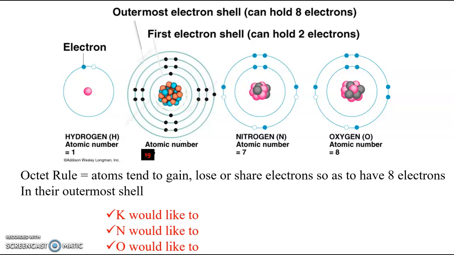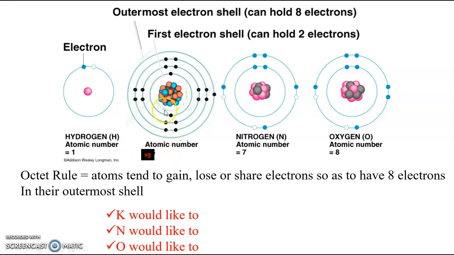We're going to talk about this exception later on. So we have a rule, which is the octet rule. The octet rule states that atoms tend to gain, lose, or share electrons so as to have 8 electrons in their outermost shell.